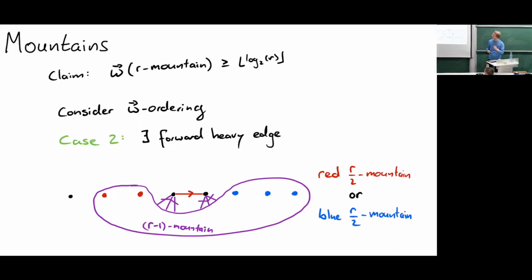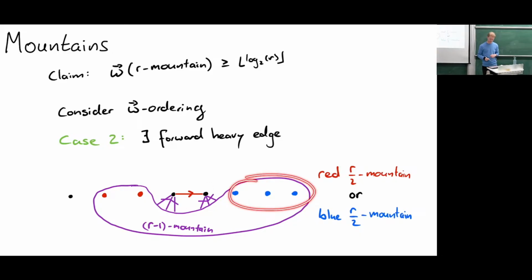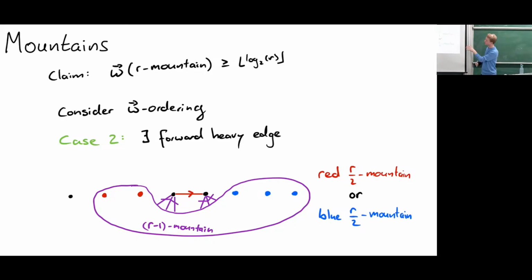Because we're looking for base 2 log of R. So we have at least one less, so we just need to grow this clique by 1. Well, suppose that we have a blue clique, and remember this is all backward edges. It might be bigger because it might not be the optimal ordering for that backedge graph. Oh, sorry, yes, I forgot about the color.